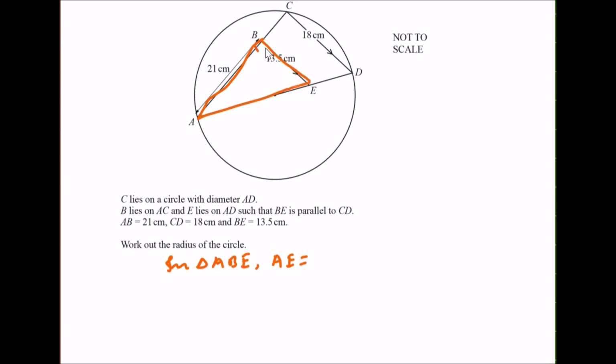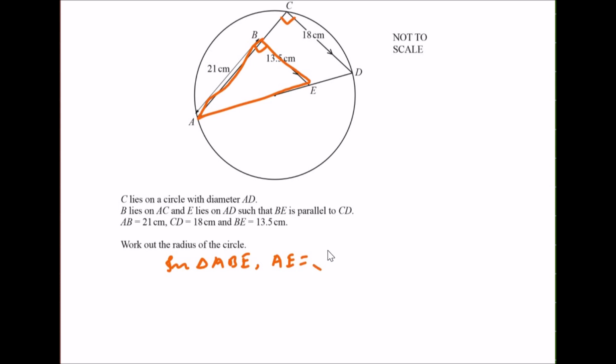As this will be a right angle triangle, because angle C is also right angle. Why? Angle in the semicircle, because AD is diameter. So this is corresponding angle because CD and B are parallel. So angle at B also will be 90 degree. So in this right angle triangle ABE, we are finding AE, that is hypotenuse.